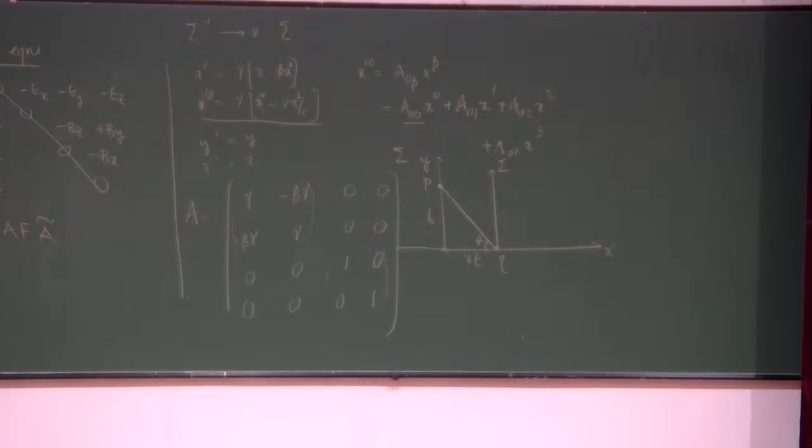So let us write the equations. I will divide this into two steps. First I will do the general transformation of F alpha beta, then I will apply it to this problem.